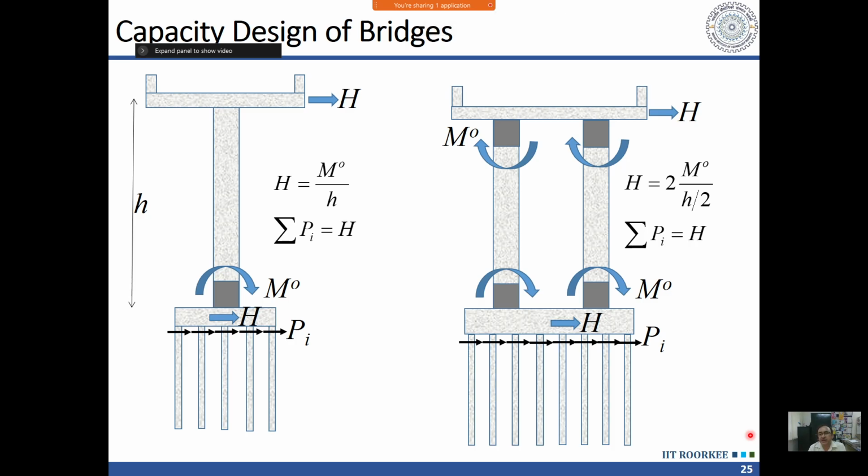So the response reduction factor is given for piers only, because piers are the elements in the bridges where we are dissipating the energy, where we allow the steel to yield, where we allow the member to get damaged so that it can dissipate the energy, and the remaining components are to be designed for the force which can be generated from our design.